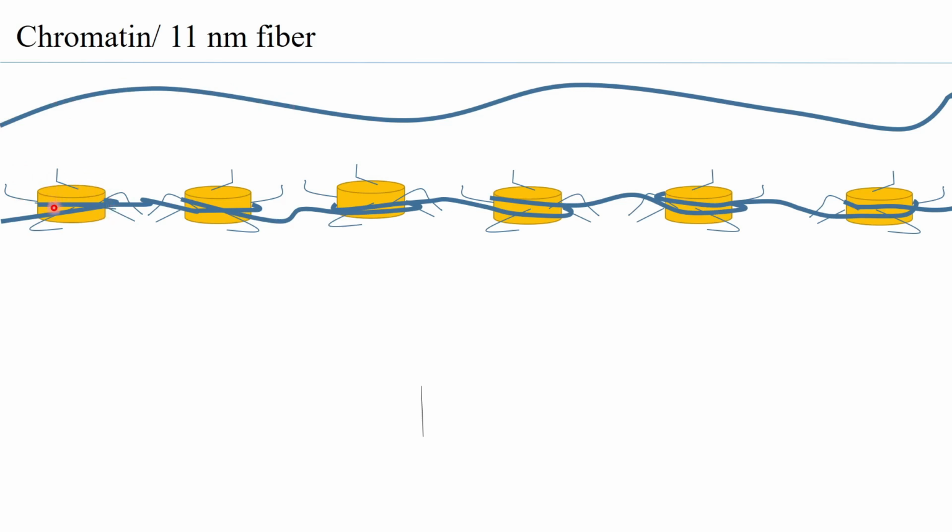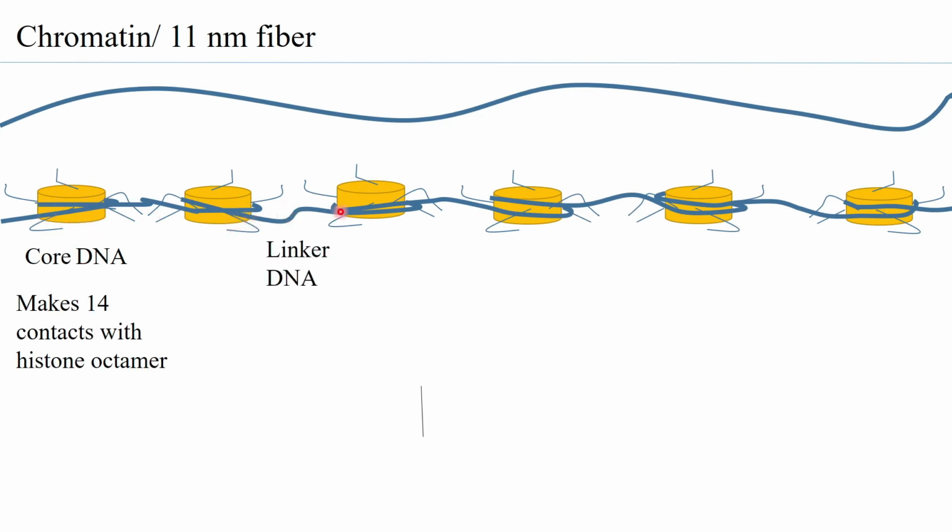So it is becoming condensed. That part of the DNA which winds around the nucleosome is called core DNA, and this core DNA makes almost 14 contacts with the host histone octamer. The region of the DNA between two core DNAs, that means between two nucleosome units, is called linker DNA.